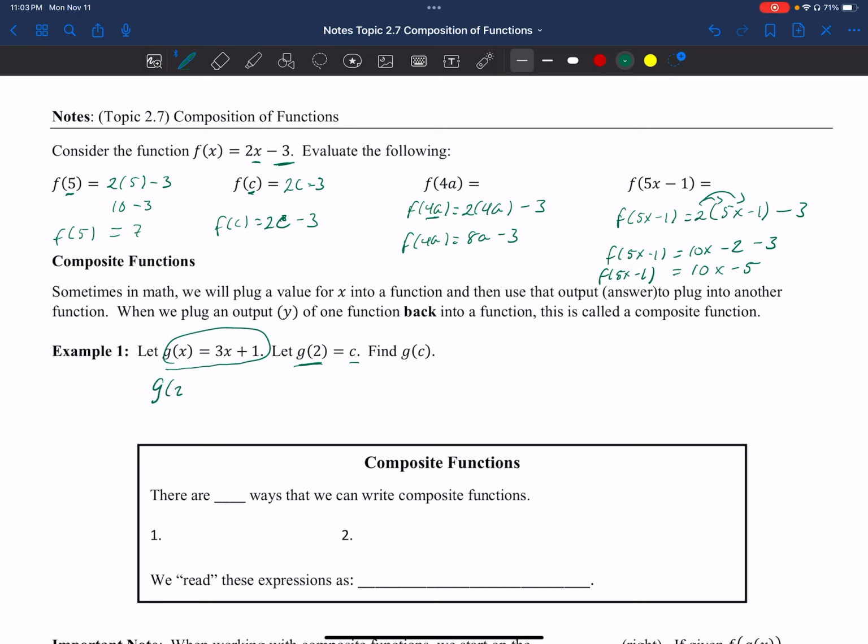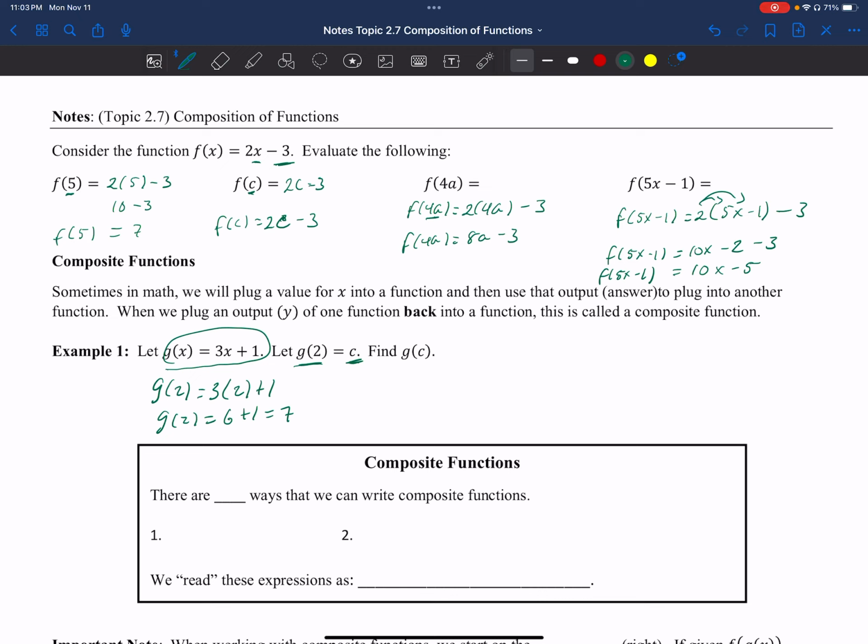So to find g of 2, I'm going to do 3 times 2 plus 1, or you can think of it as evaluating my input value of 2 into g. So that will give me g of 2 is equal to 6 plus 1, which is equal to 7. So this is what g of 2 is equal to.